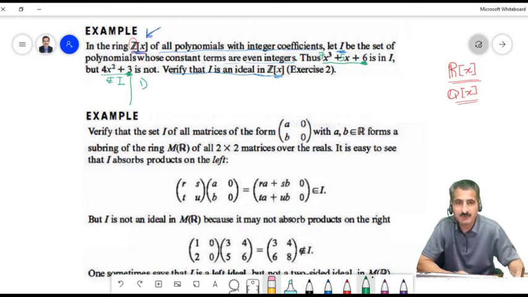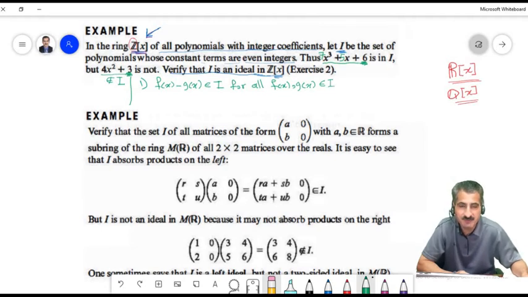So we will show that f of x minus g of x belongs to I for all elements, which are polynomials now, inside I. So this is the first axiom of a subring, right?